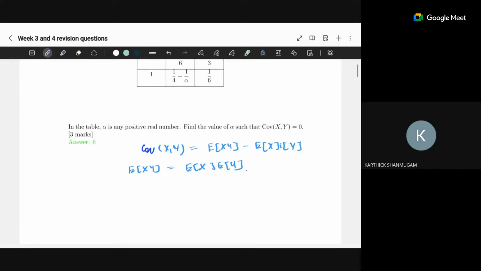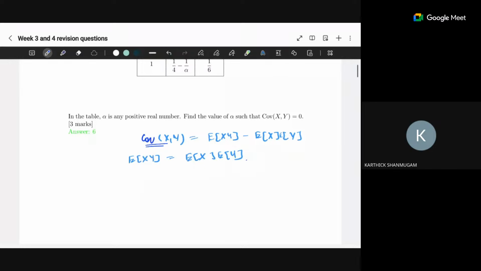If my covariance is 0, then 0 equals expectation of XY minus expectation of X into expectation of Y. That means covariance XY is equal to 0, but it is not independent.